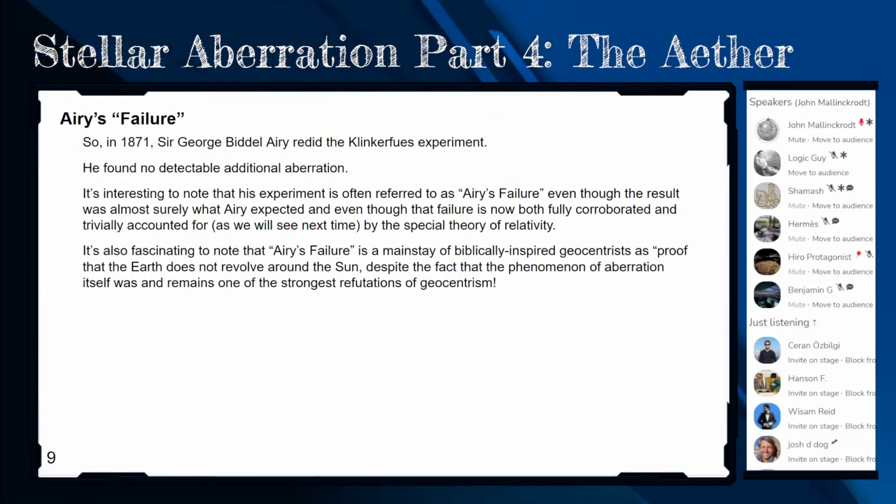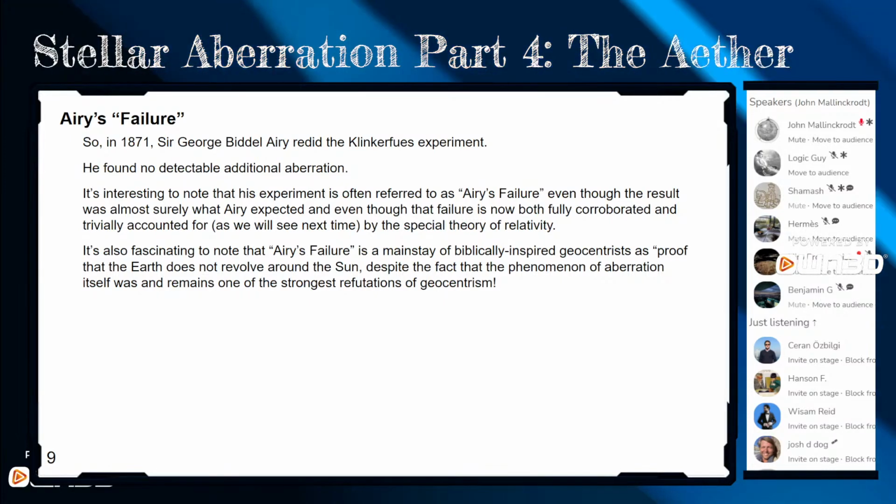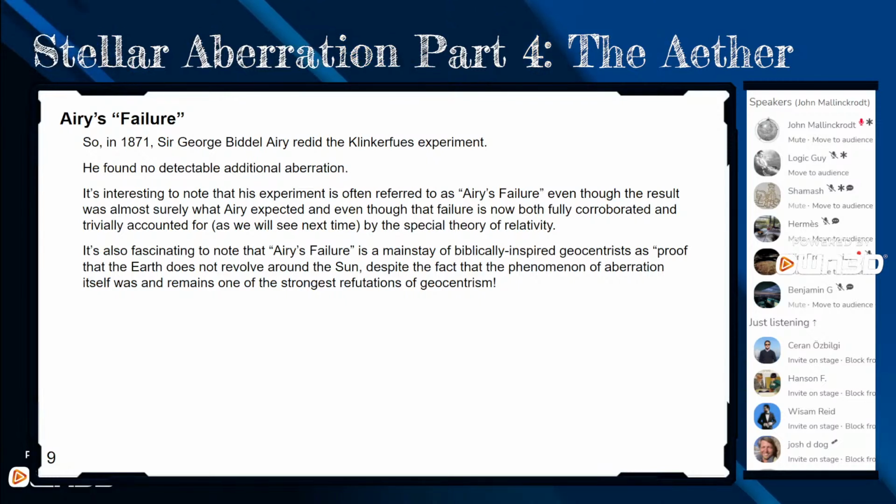And if you incorporate ether drag, you certainly don't get the theoretical result that Klinkerfuse expected to get, which he claims to have gotten experimentally. So Airy said, yeah, I'm going to redo this. So he redid it, and he found no detectable additional aberration.